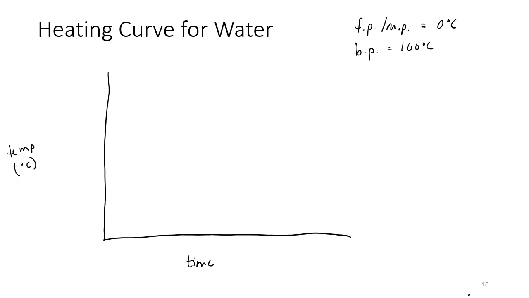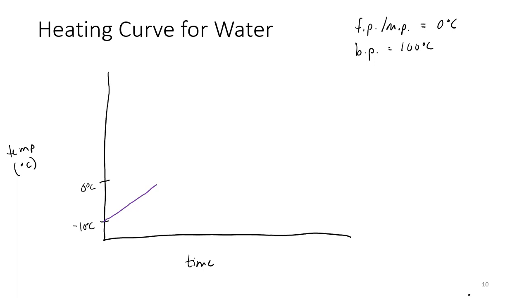Starting with our block of ice, let's imagine that our ice is at negative 10 degrees Celsius. As we begin warming up our block of ice, the temperature is going to increase until it reaches the melting point of water. We just said that the melting point is 0 degrees Celsius.